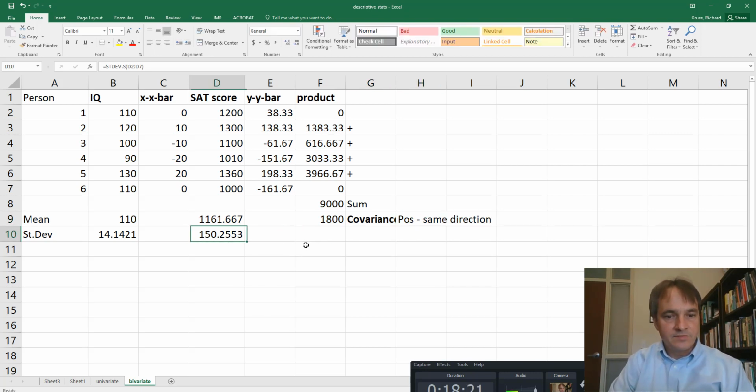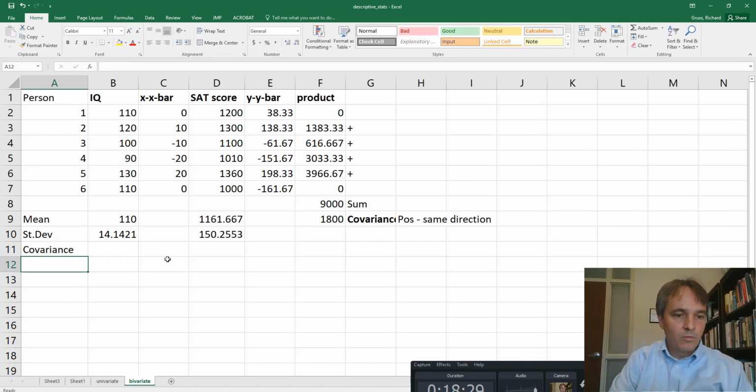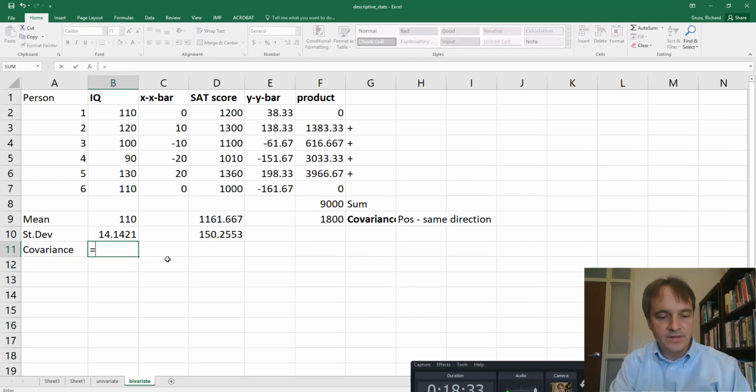Again, we calculated it manually, but what we would normally do is use an Excel function to do that whole thing for us. They just give you covariance.s. Once again, we're choosing s because we're treating this as a sample, which means it's going to divide by n minus 1 as we did over here.